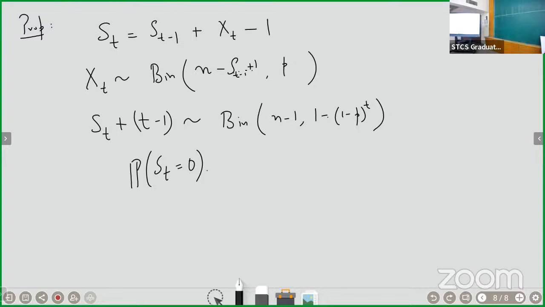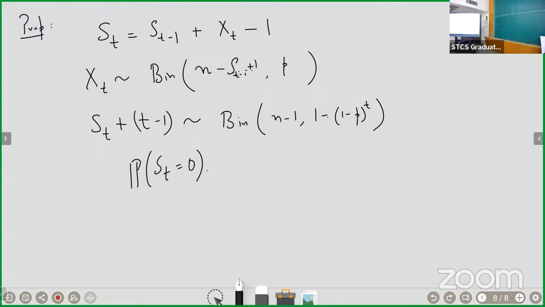What is the probability that the binomial random variable with these two parameters is equal to t minus 1? You want a nice answer in terms of exponentials; you don't care about exact expressions. So you can use the usual trick of exponentiating and then using Markov's inequality.